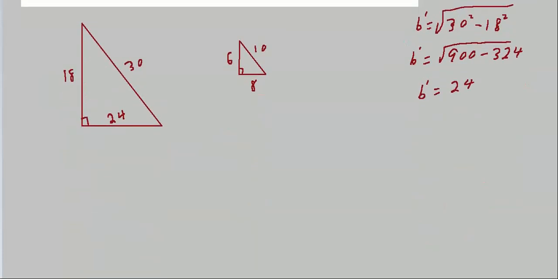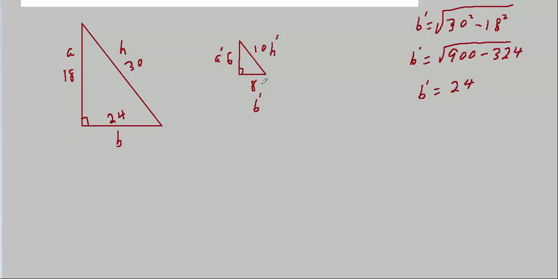Well, let's suppose that these two triangles are now just arbitrary. Wow. If I could speak, I'd be dangerous. Arbitrary right triangles with sides a, b, and h, and a prime, b prime, and h prime.